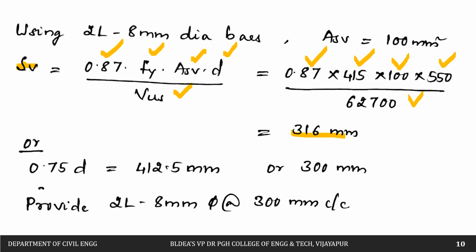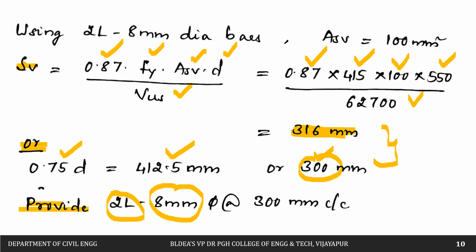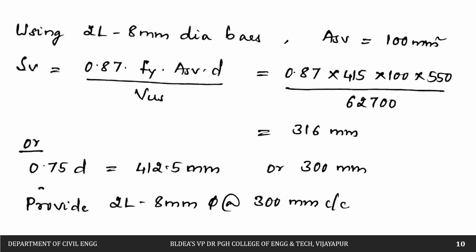So therefore spacing will be 316, or we have to check it for 0.75 d, that will be equal to 412, or 300, whichever is the least of all these values, that has to be provided. So 300 is the least value, so therefore we can provide two-legged 8 dia at 300 center to center.